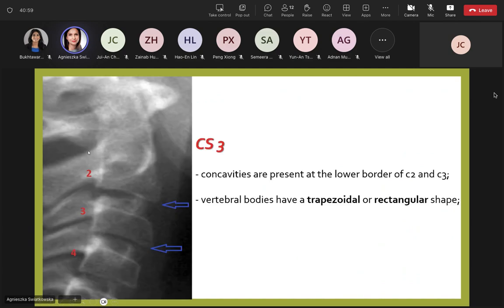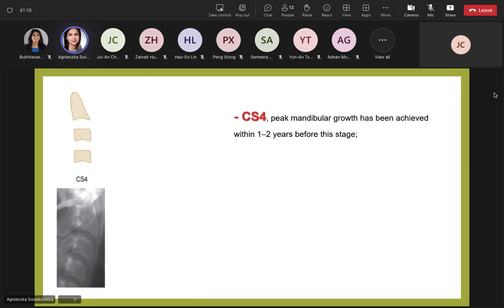And the shape of the bodies could be still trapezoidal or rectangular. Rectangular horizontally. This is important.